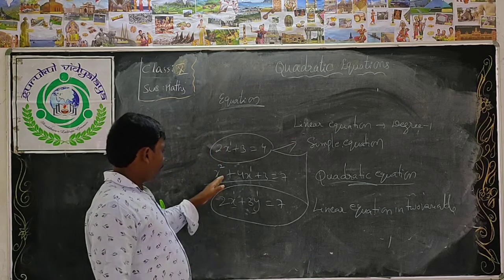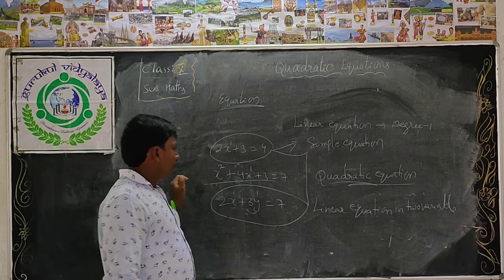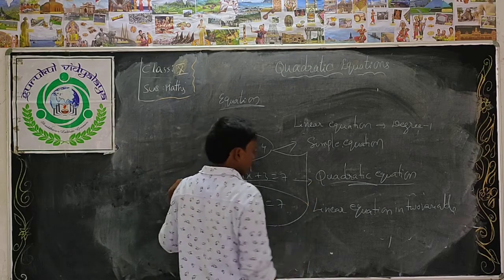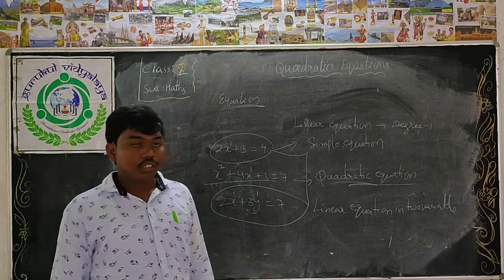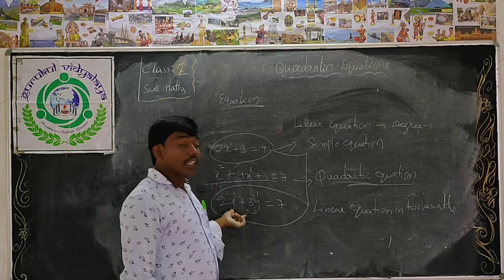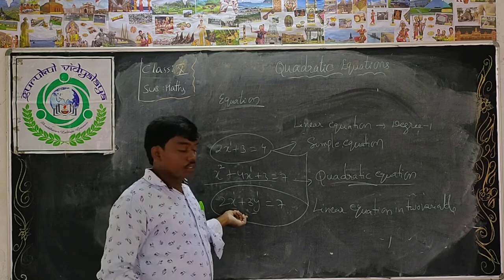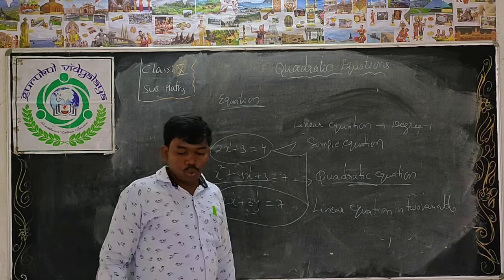So children, x square plus 4x plus 3 is equal to 7. This is a quadratic equation. It is an equation with degree 2. That is called a quadratic equation. But this is a linear equation having two variables, so it is called a linear equation in two variables.